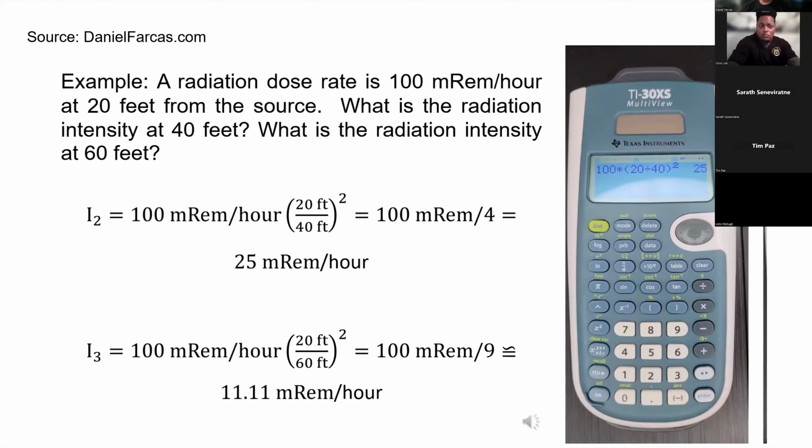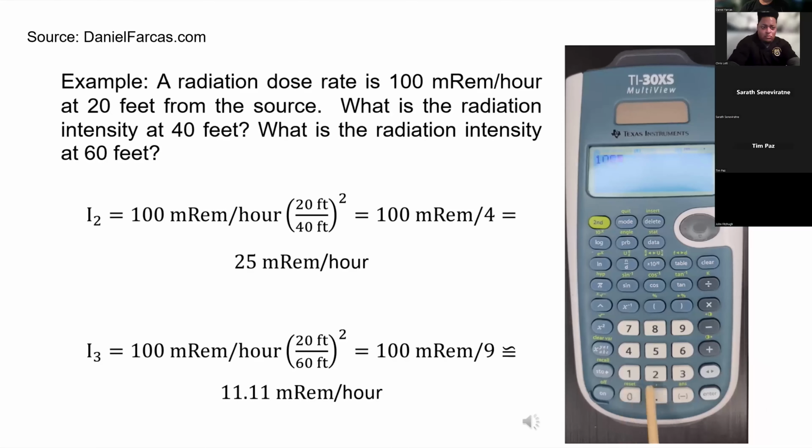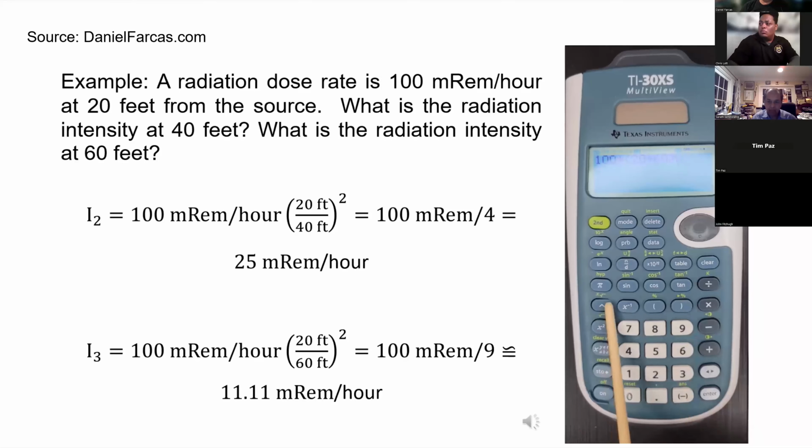For 60 feet, we have 100 times (20 divided by 60) raised to the power 2, which results in approximately 11.11 millirems per hour.